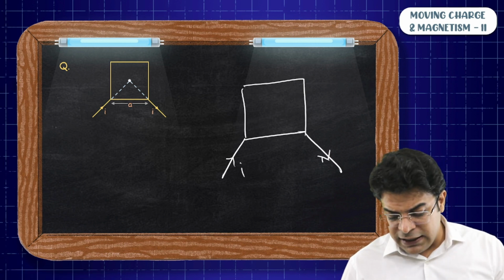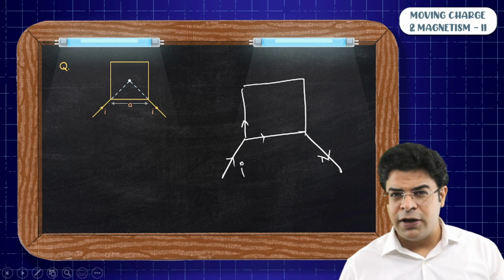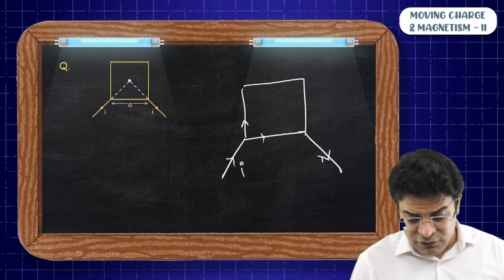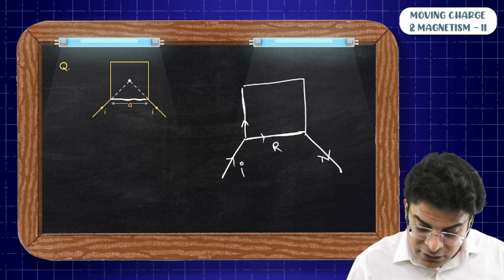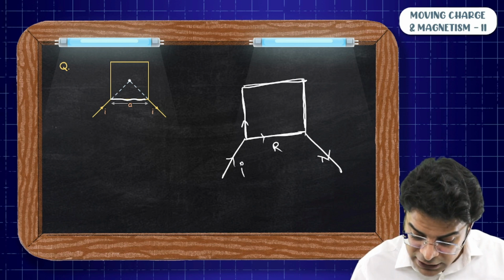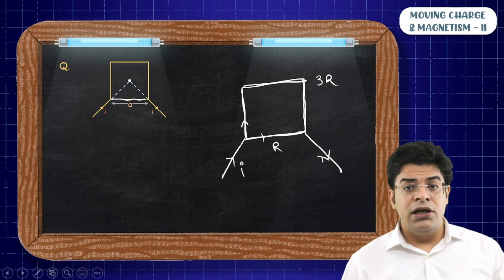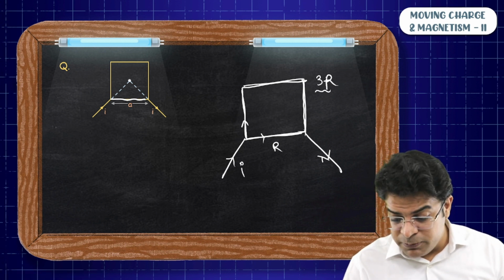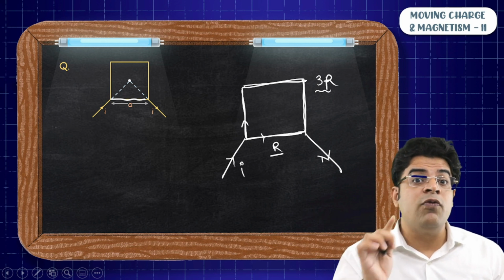So if the current I enters here, will the same amount of current go in both the branches? No. If this single branch has a resistance R, then these 3 branches which are in series will have a combined resistance of 3R. Since the resistance of this parallel branch is triple, the current flowing in it will be 1/3.